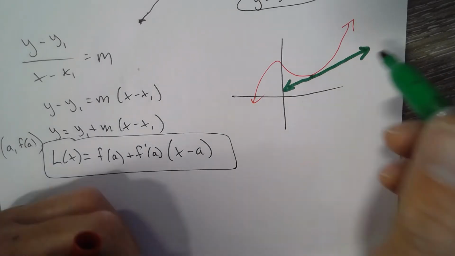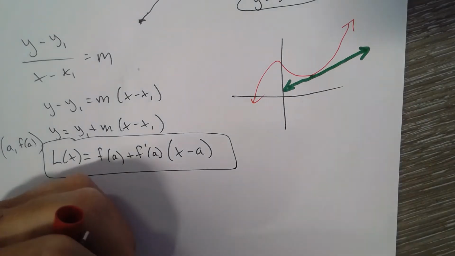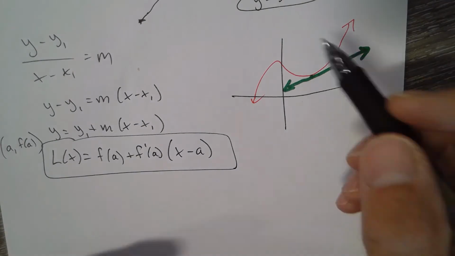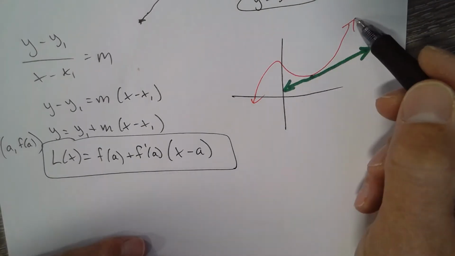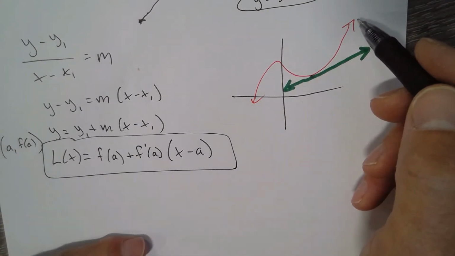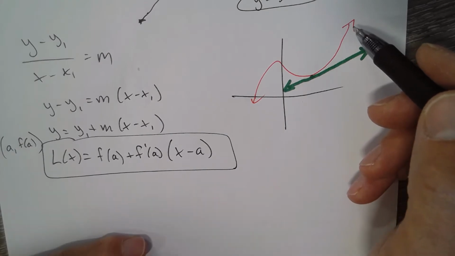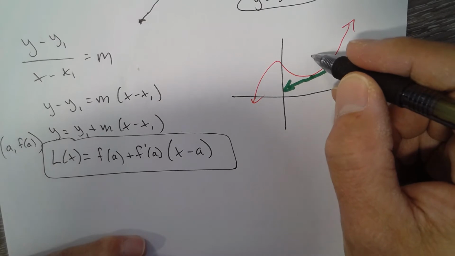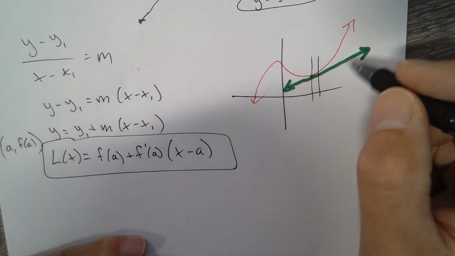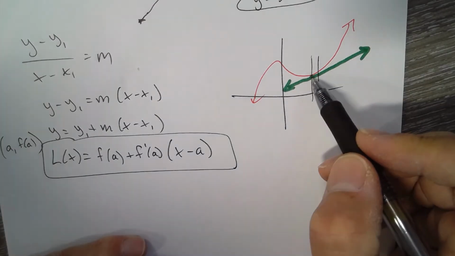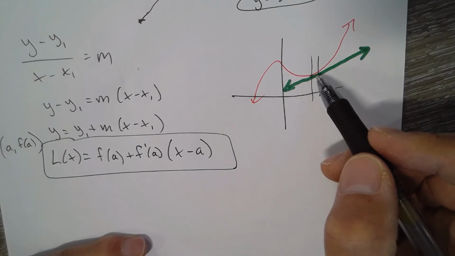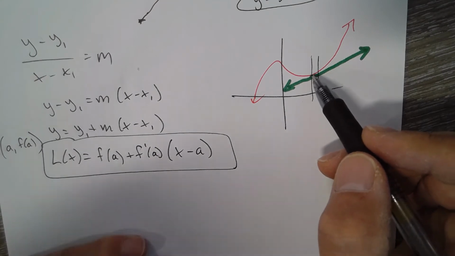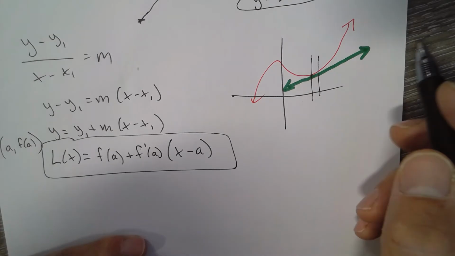Okay, so a lot of times we don't necessarily want to use our original equation. If we just want to look at a tiny little interval, like from here to here, you can see that this green line is a pretty good representation of the function as long as the interval is quite small.